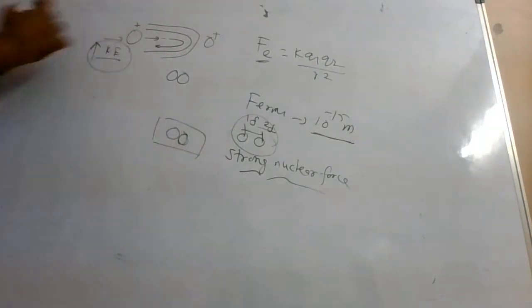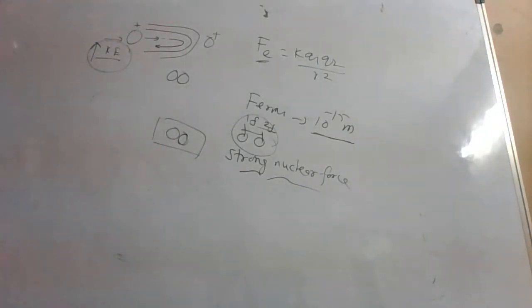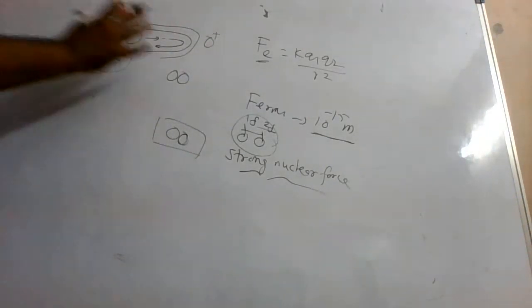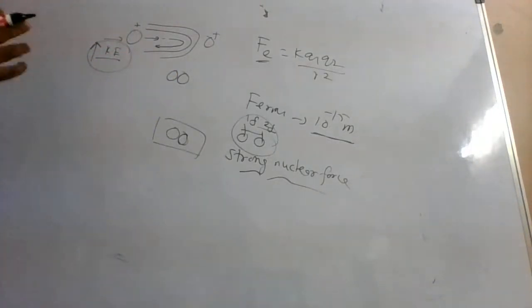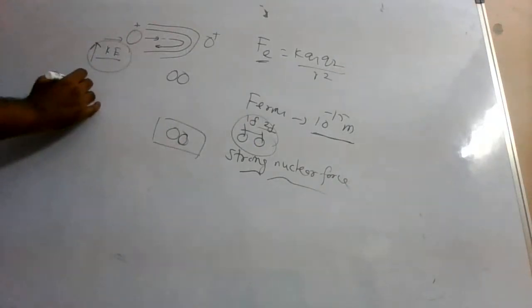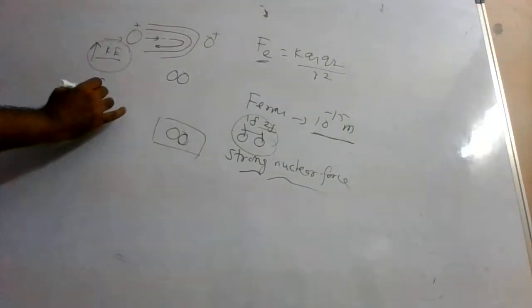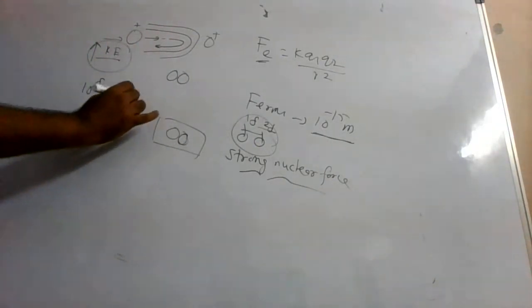Now how to get this much kinetic energy? The temperature plays a very big role here. This type of fusion process happens at very, very high temperatures, in the order of 10 power 8, 10 power 9 Kelvin.